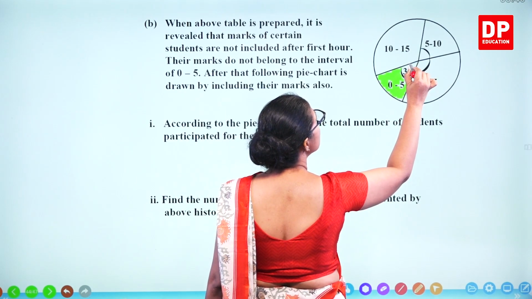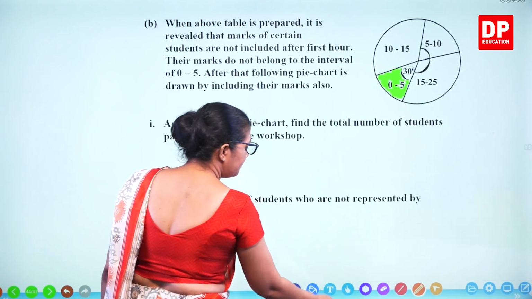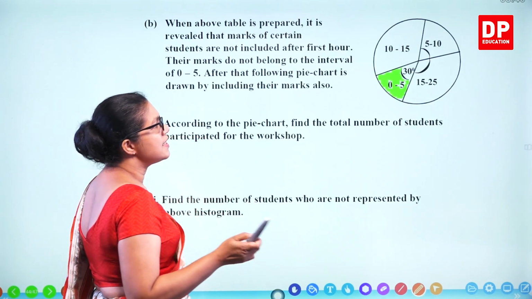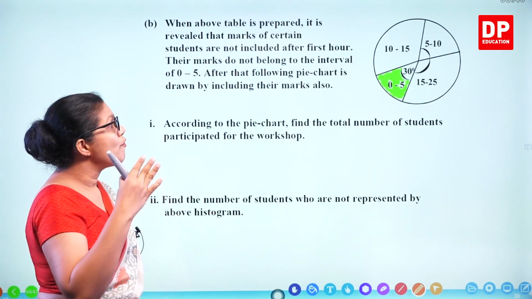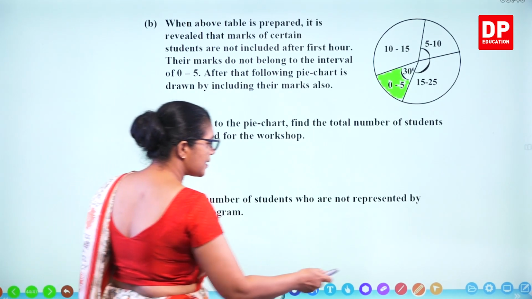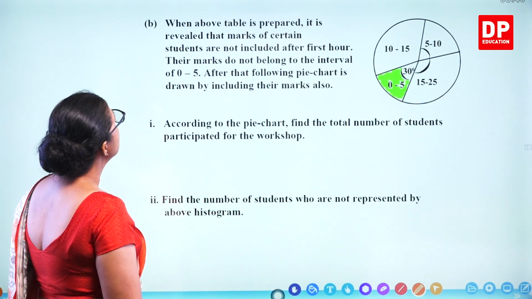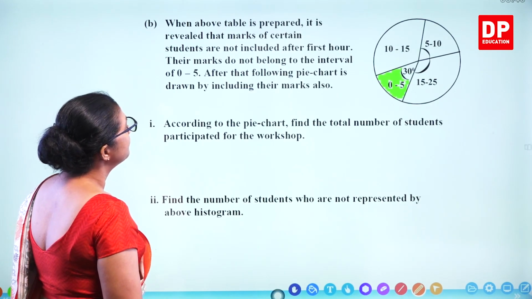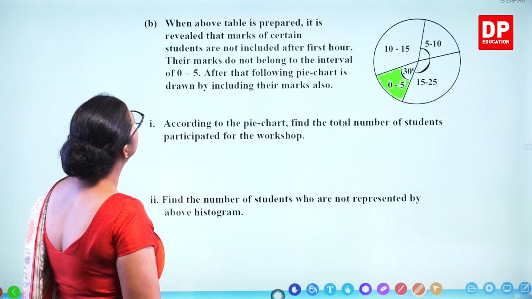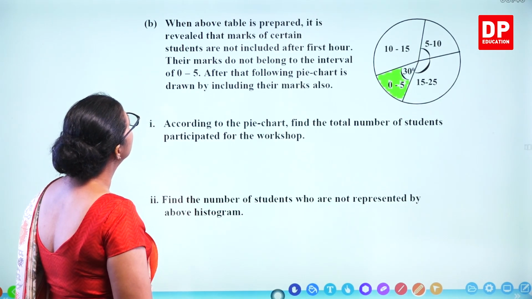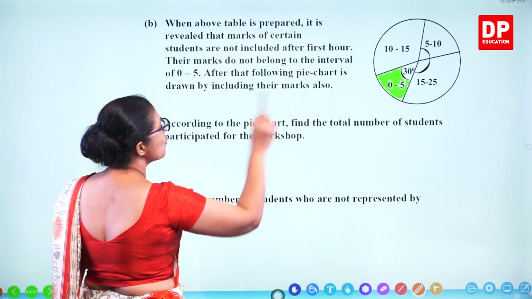Look at this part. When you take this part, 30 degrees is that. So 30 degrees is that, means how you find out the total number of students? You can multiply by 360. So you get 0 to 5.